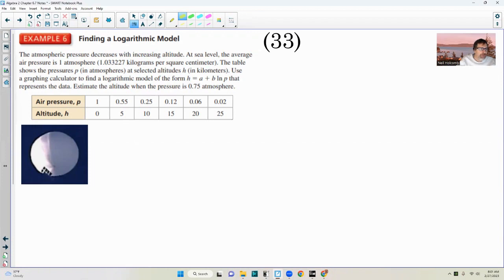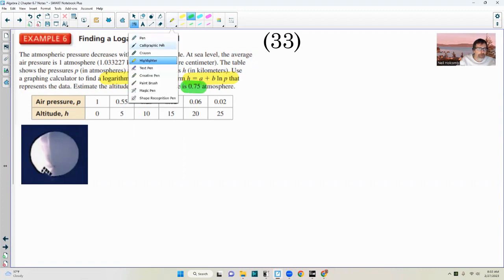The table shows the pressure P in atmospheres at selected altitudes H in kilometers. Use the graphing calculator to find a logarithmic model of the form H equals A plus B times the natural log of P that represents this data here. And then estimate the altitude when the pressure is 0.75 atmospheres. Okay, so that's what we need to do.